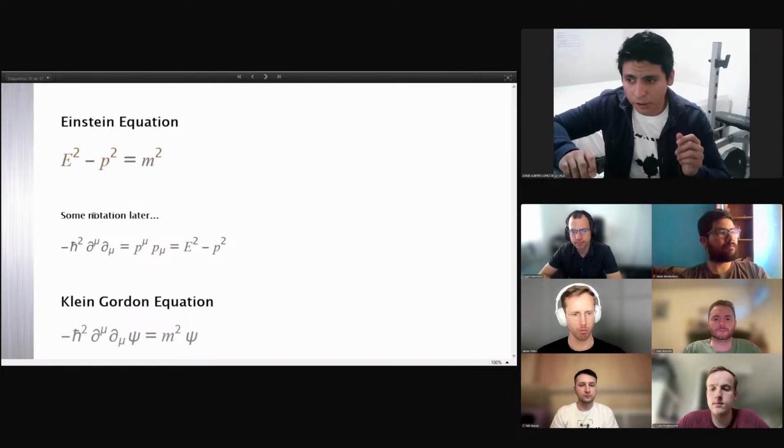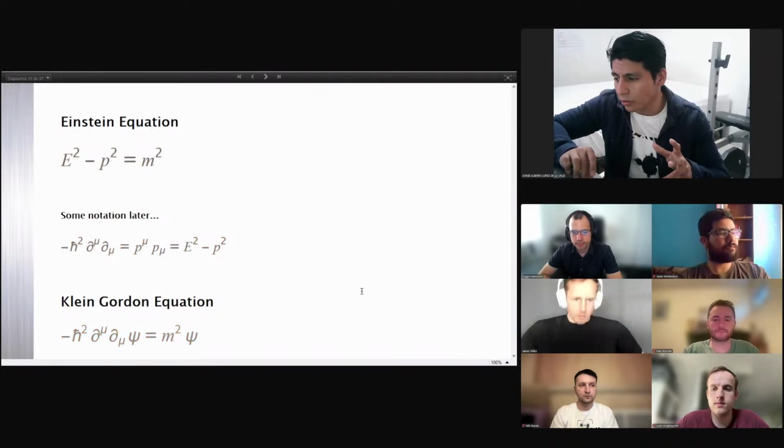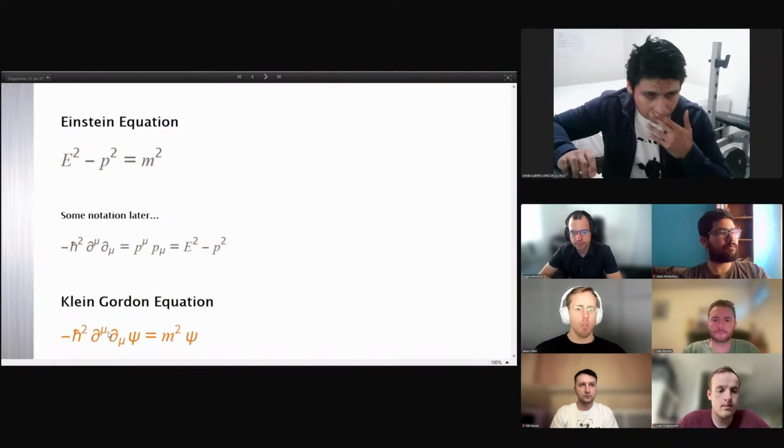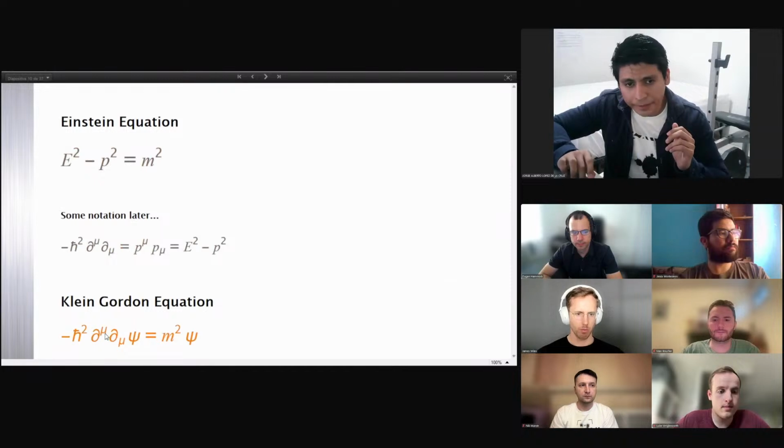So after some notation, we arrive at this Klein-Gordon equation. Here in this equation, we have a second order partial differential operator in the mu coordinates.